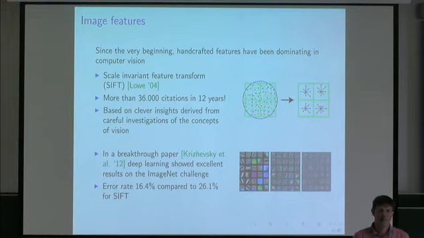So you replace something handcrafted by something learned from data. It works so well because it not only uses one layer that deals with gradients, like in SIFT, which would be the first layer of a neural network, but based on this representation it computes a higher level representation, and so on. So it can learn many more invariances of images than SIFT can.